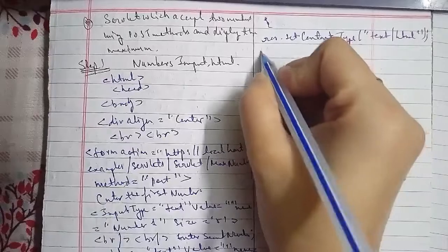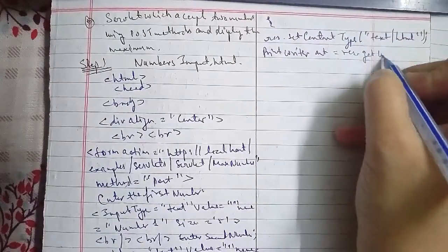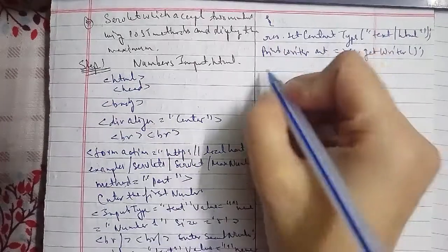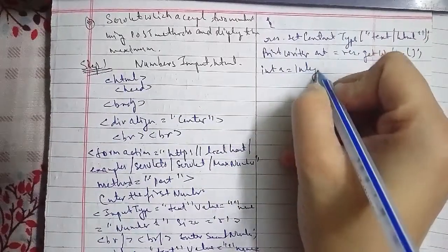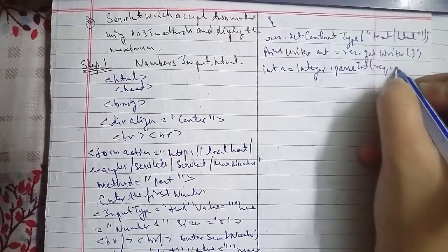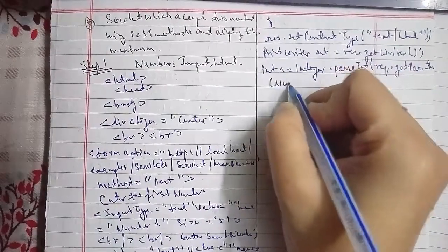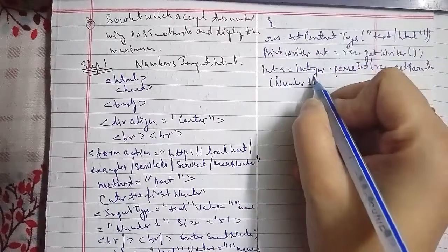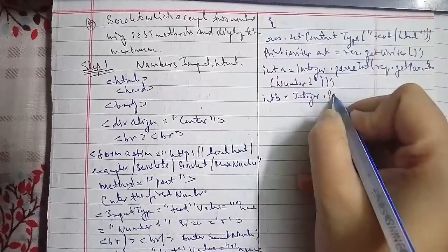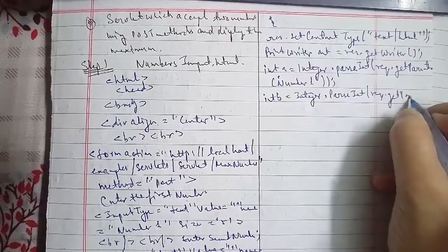If a is greater than b, then out.println h4, the maximum number is plus a, then h4 tag close, else out.println h4, the maximum number is plus b, then h4 tag close as well, then closing the curly bracket here.